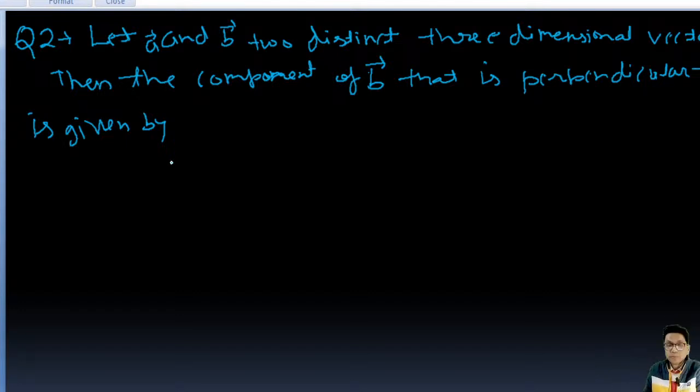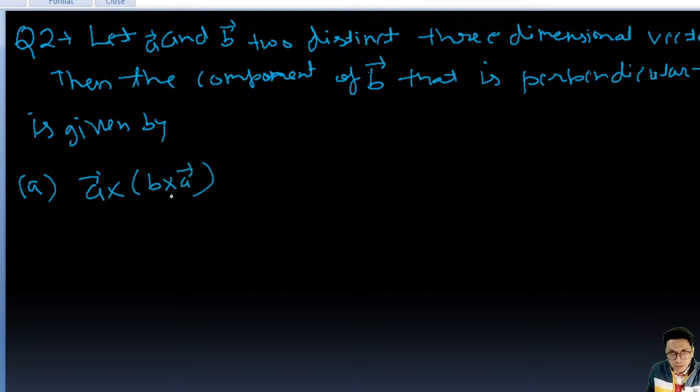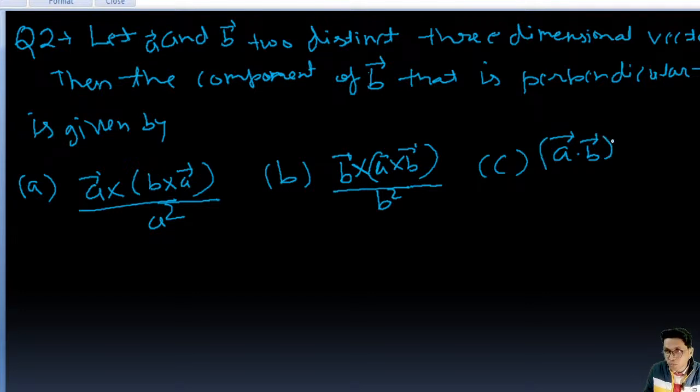Options are given. Option A is A cross B cross A upon A into B upon B square.